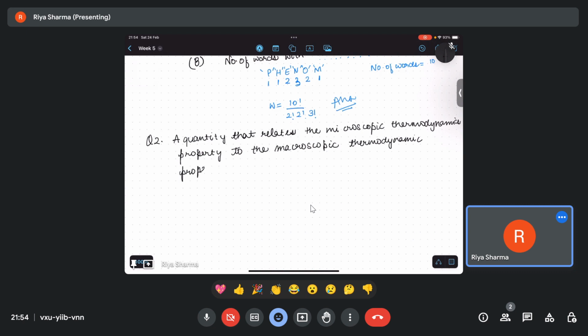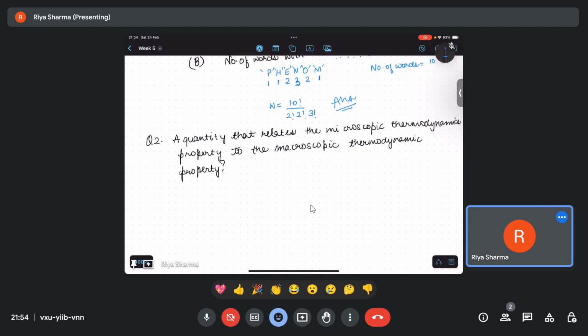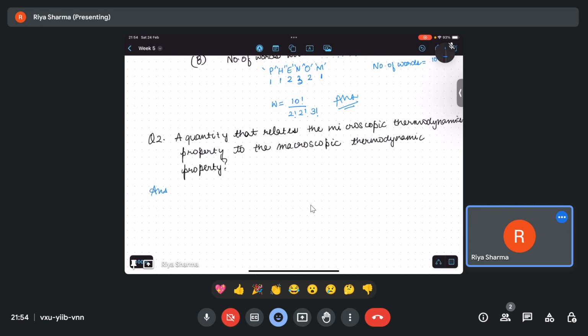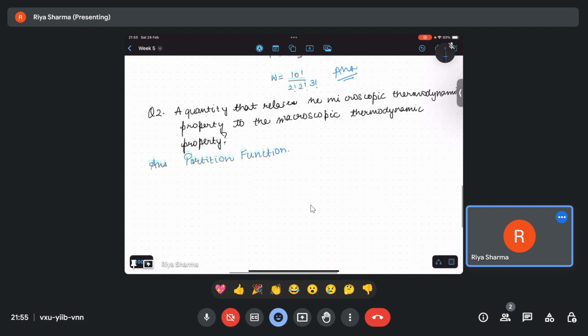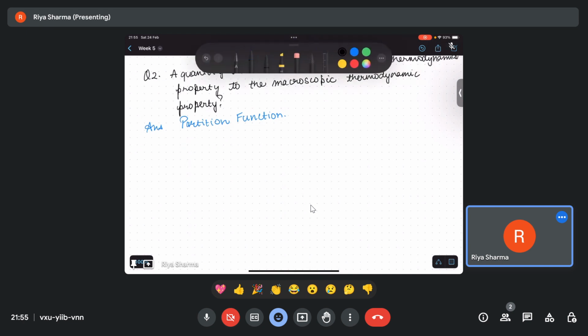What is this property called? So always remember this. This property is called the partition function. You must have done this, but I should have introduced this before going to any questions related to the partition function. That's why I have added this question.